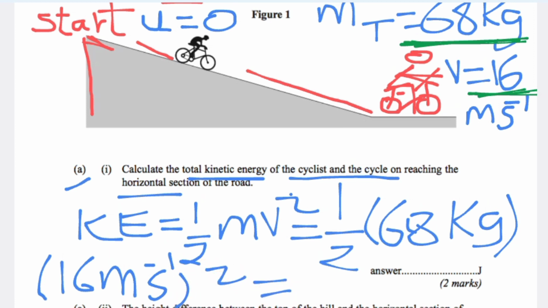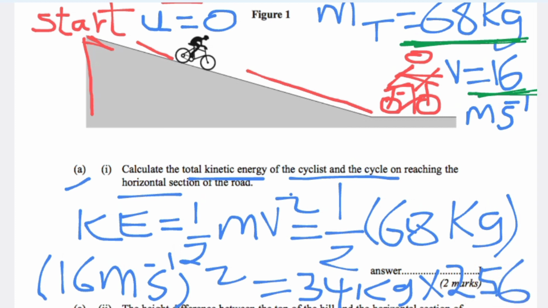So after manipulating the numbers, we will find 1 over 2 times 68 is 34, right? And 16 squared is 256. So we need to multiply 34 and 256.